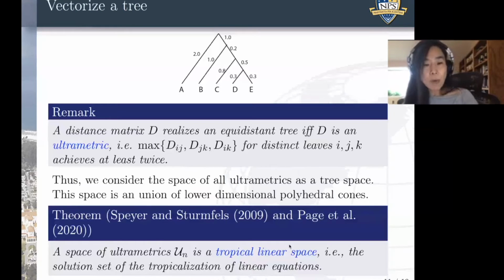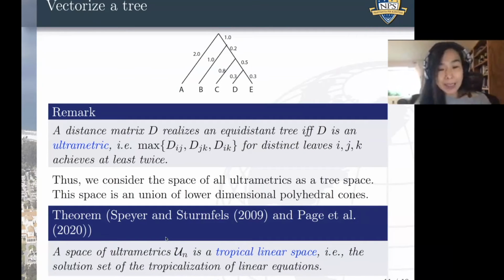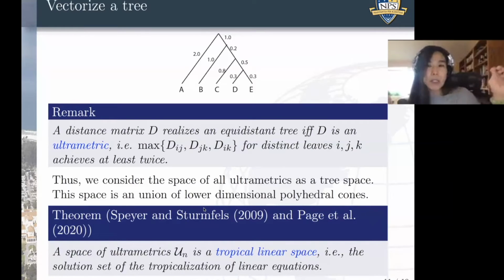All right. So this is why I would like to use tropical geometry. The tree space is tropically convex, and a tropical polytope is also tropically convex.